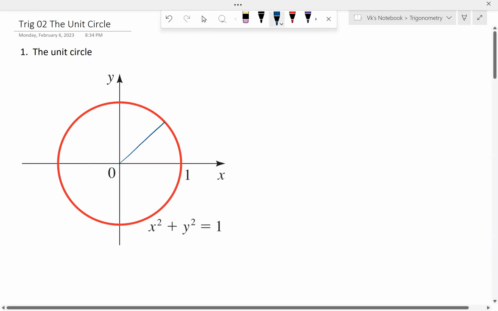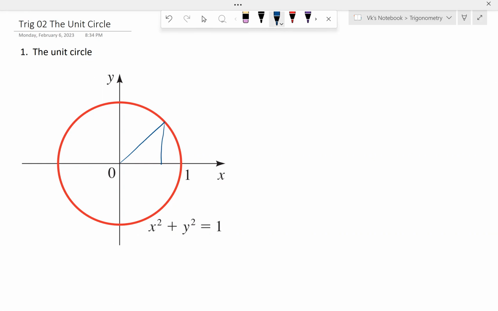Let's take a look at the right triangle inside a unit circle. The radius is 1. We'll have x on the adjacent side and y on the opposite side.